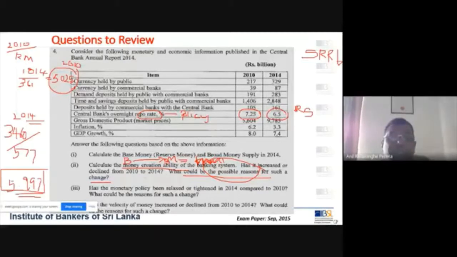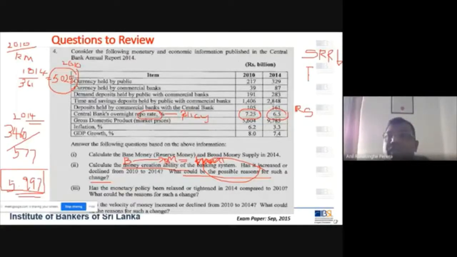Remember we discussed last week, when you allow more lending, more loans, that is a source of money. So how do you allow more loans? How more borrowings by the people? When interest rates go down, people start borrowing. So interest rates are reduced.